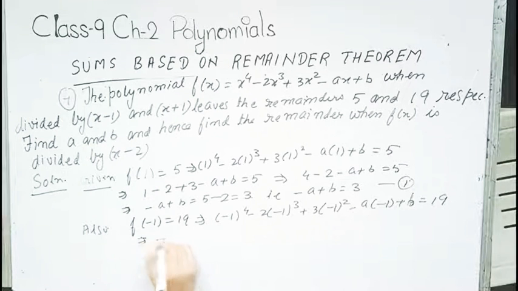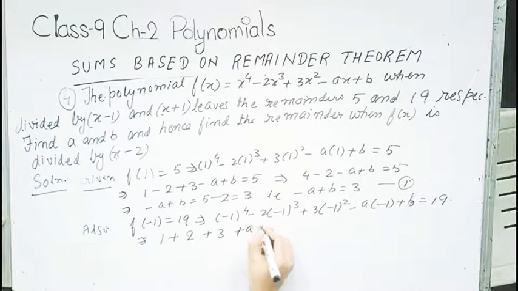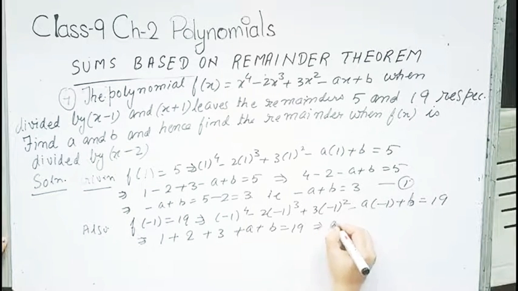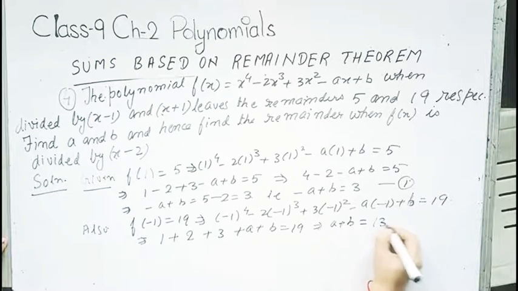This implies 1 plus 2 plus 3 plus a plus b equals 19. Adding 1, 2 and 3 gives 6, so a plus b equals 19 minus 6, which is 13. Make it equation number 2.